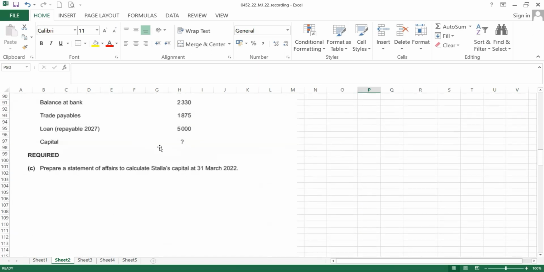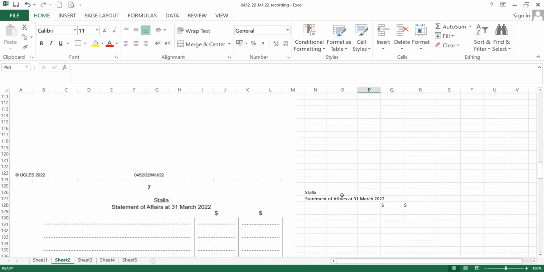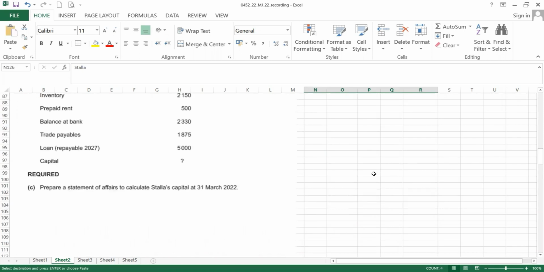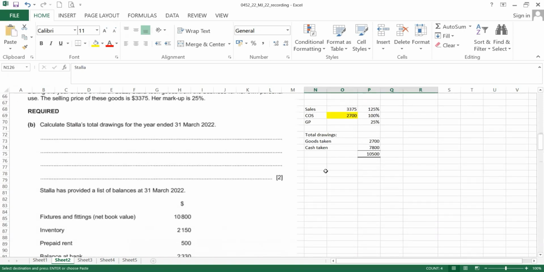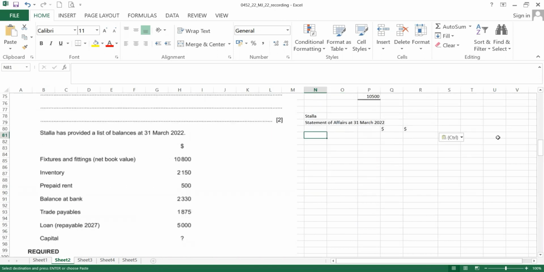Okay, what is the information? They asked to prepare the statement of affairs. Let's put in the information one by one. So we have non-current assets. In non-current assets, what is the item?